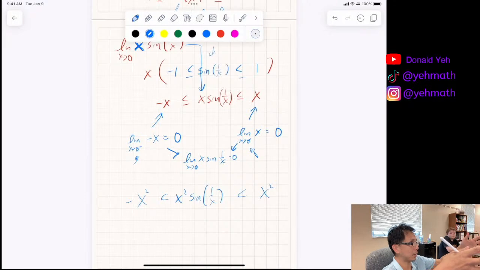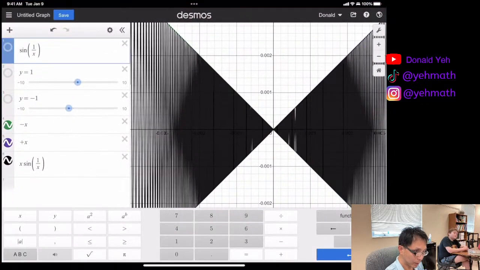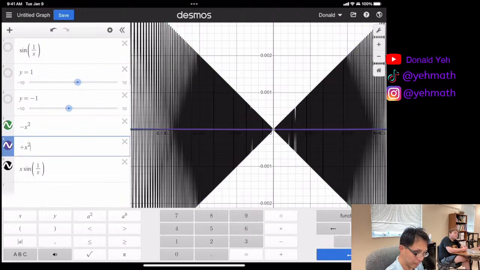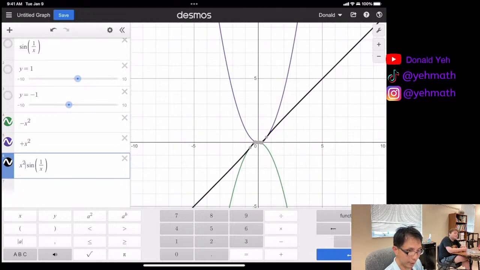I take that domain, I take the range of the original function, and I insert it into the new equation because I want to make the new equation work. But then look at x squared. I want to show you x squared. It's even cooler. It looks like this. But look at this.